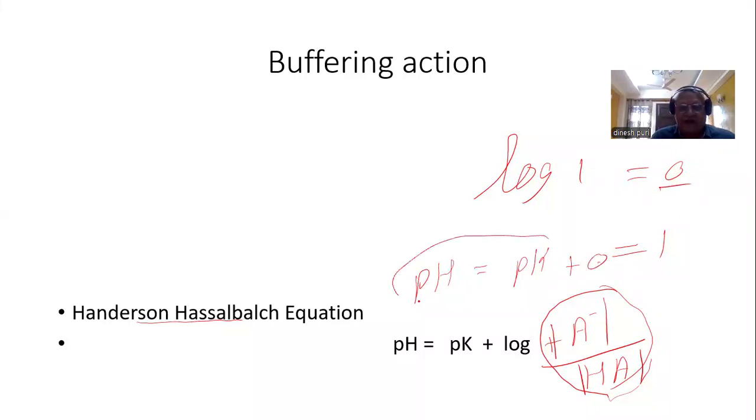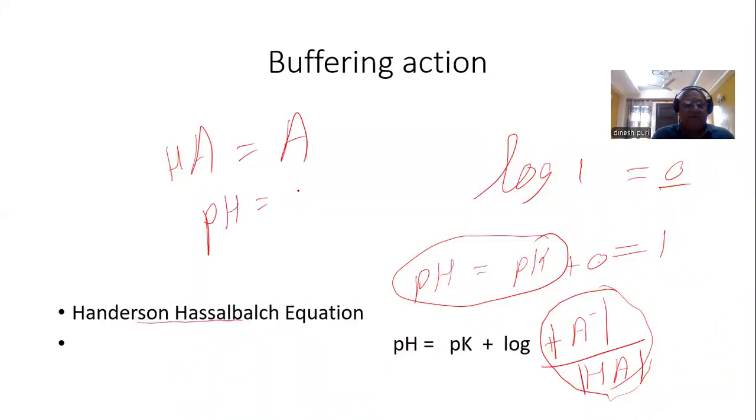In other words, pH becomes equal to pK. So buffering capacity is maximum when two requirements are met. One, acid concentration equals base concentration, and two, when pH is equal to pK.